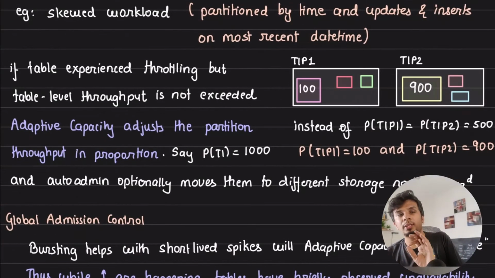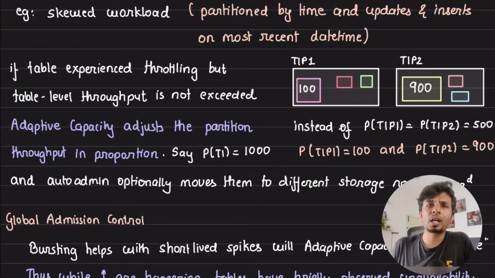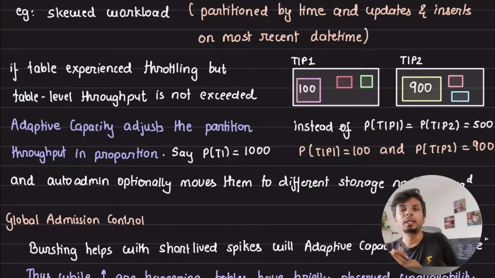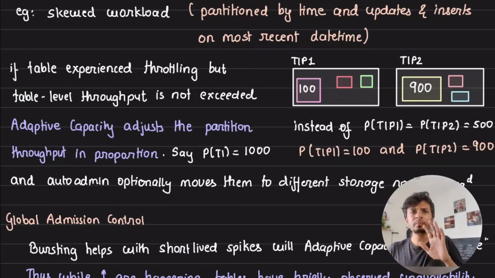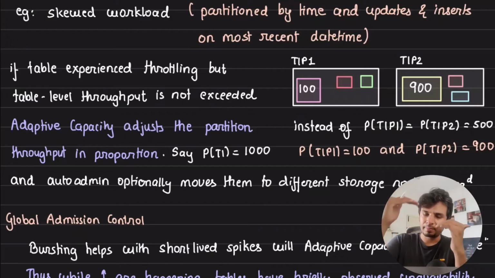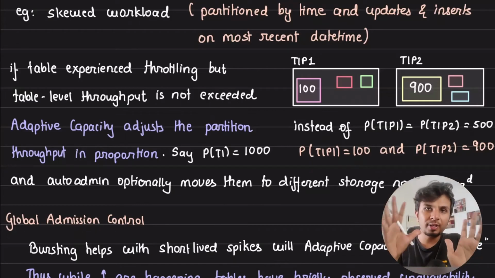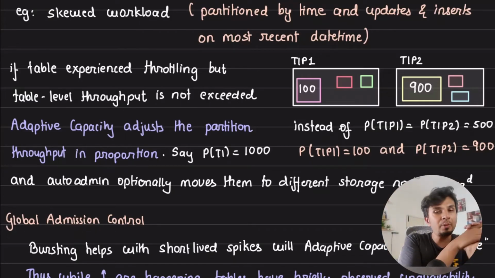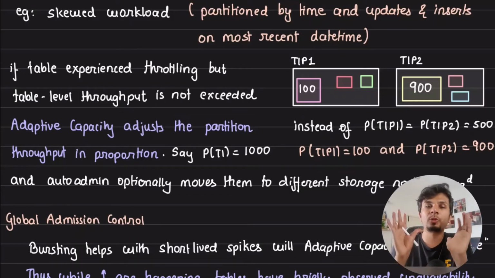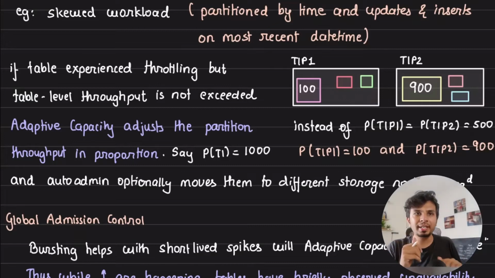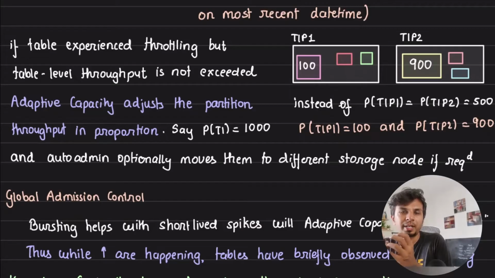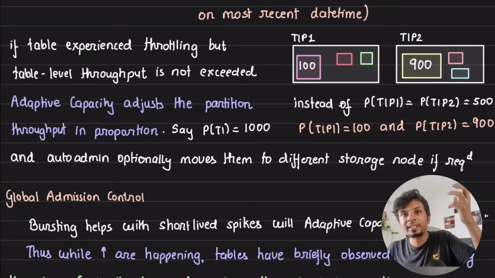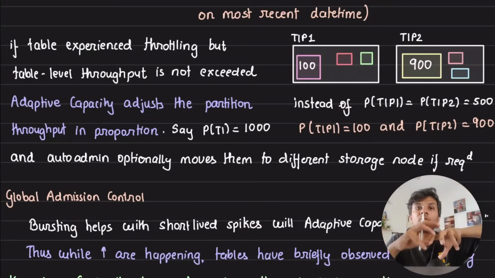So let's say the capacity that you have is 1000. Let me start with that. The plan for adaptive capacity is that it adjusts the partition throughput in proportion. Whatever requests you are getting, it is proportioned. The capacity of the corresponding partition is increased and for the other one it is decreased, because your workload is skewed.